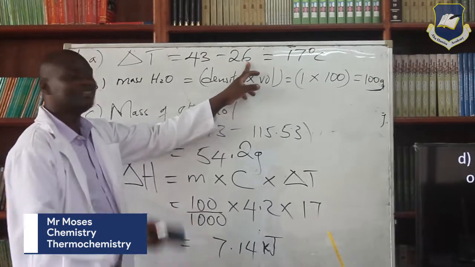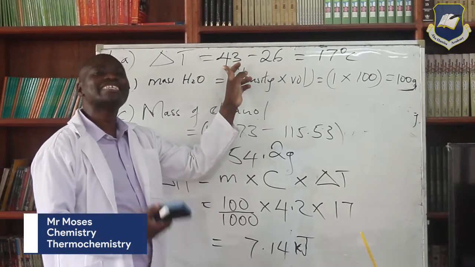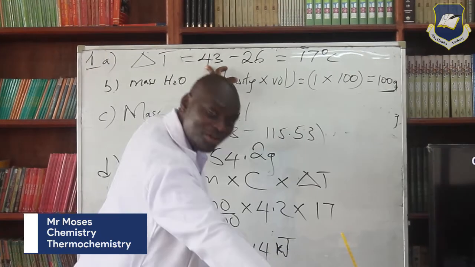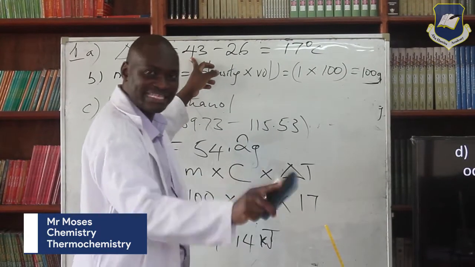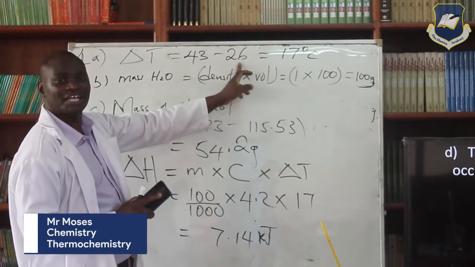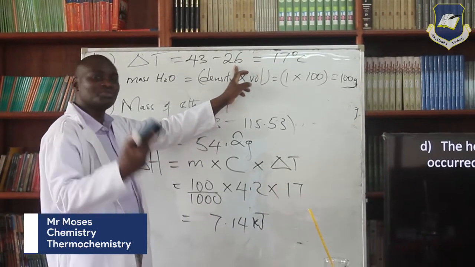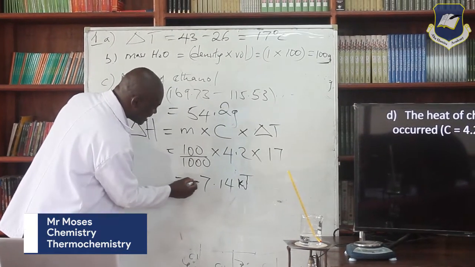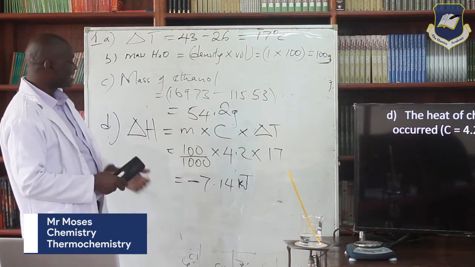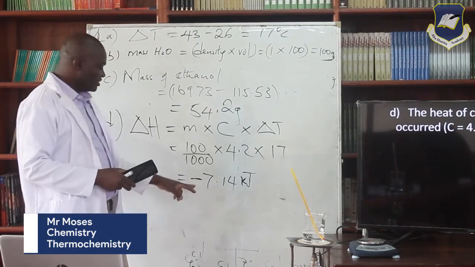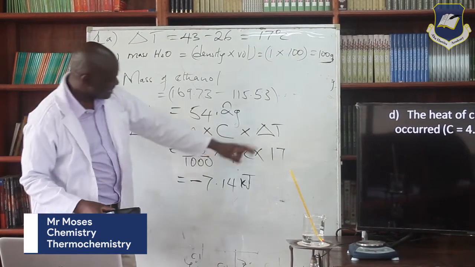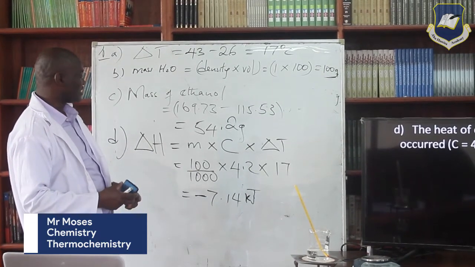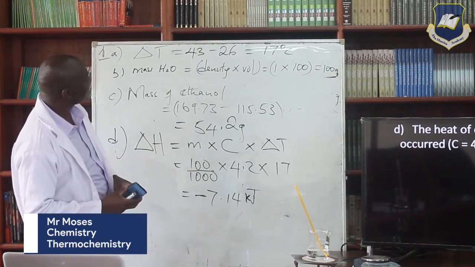And then later, the temperature rose to 43. That rise in temperature means as the ethanol was burning, heat was being released. So a rise in temperature indicates an exothermic process. Therefore, this value must be given a negative, showing that it is exothermic. Without this sign, you will get half a mark for working this, but it remains the mark for the answer. So you must put that one there.